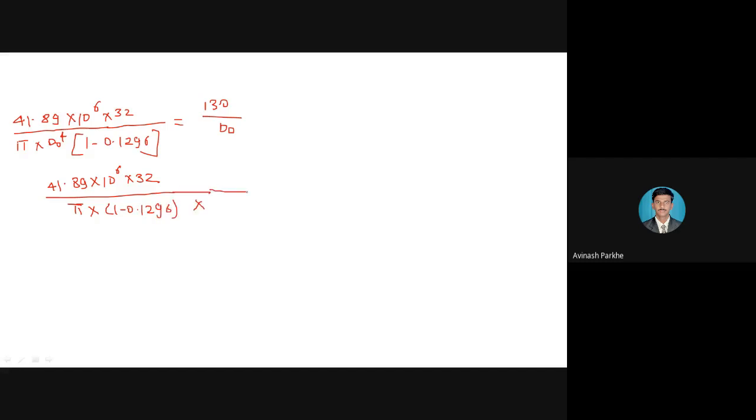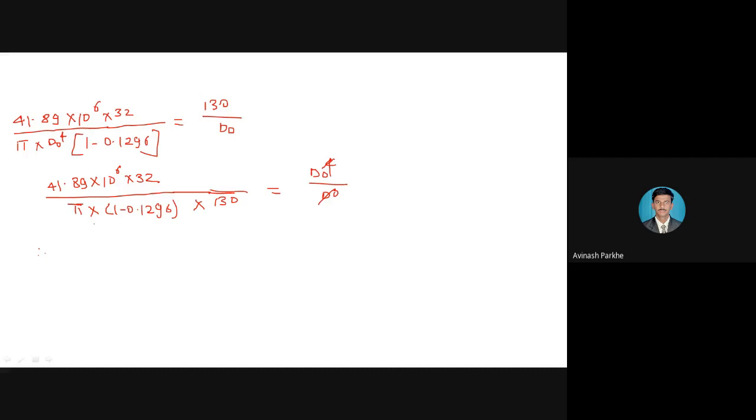This 130 I will also take to the left side, so it becomes divide. Is equal to Do raised to 4, I will take at the right side. What is at the denominator, if taken to the other side, goes to the numerator. So Do raised to 4 divided by Do, here one Do will get cancelled.